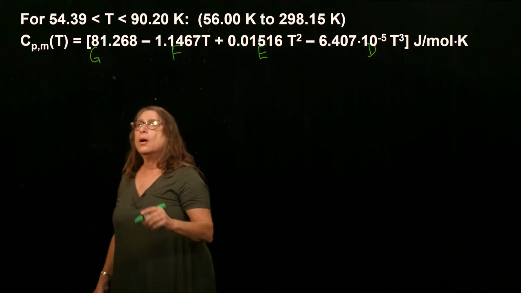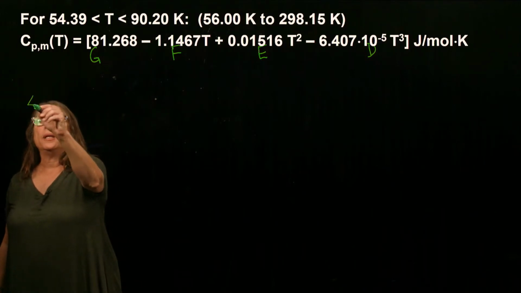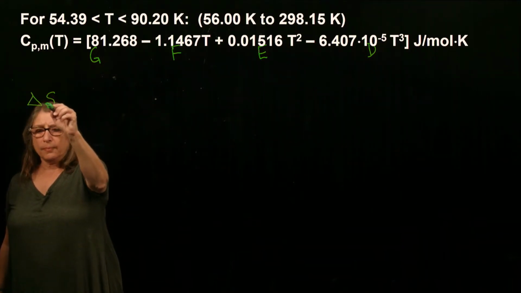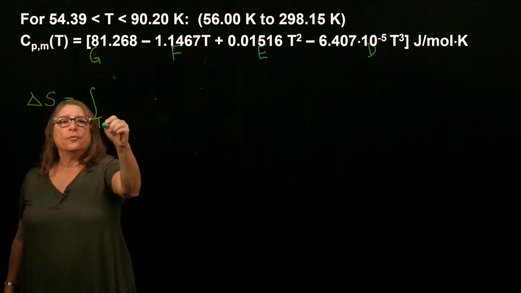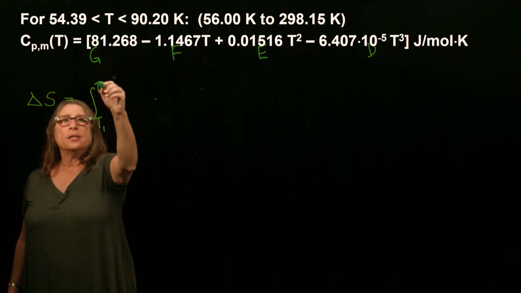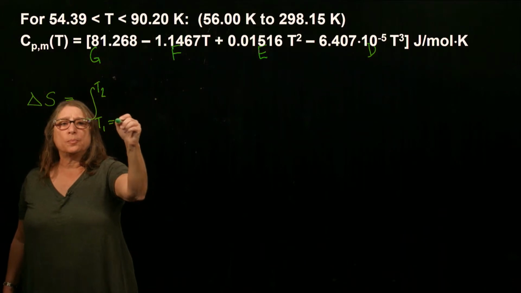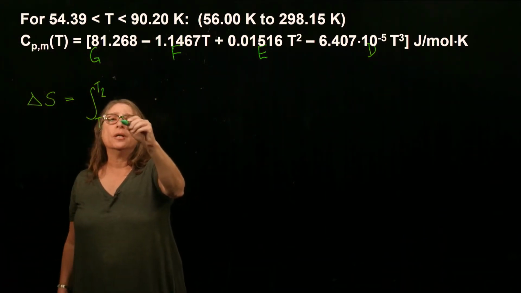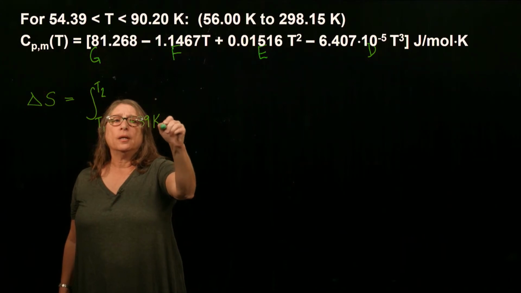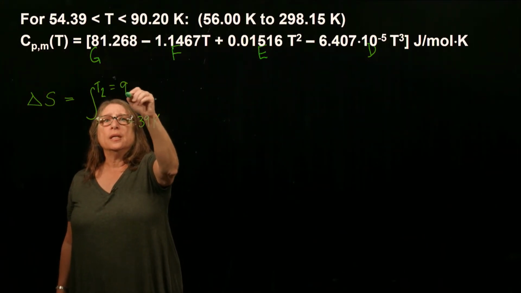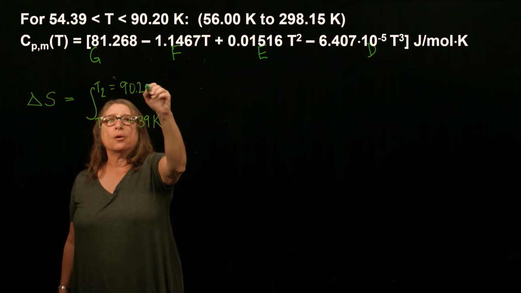And so the change in entropy is the integral going from T1 to T2, and I'll be really explicit here. The first temperature is 54.39 Kelvin, and T2 is 90.20 Kelvin.